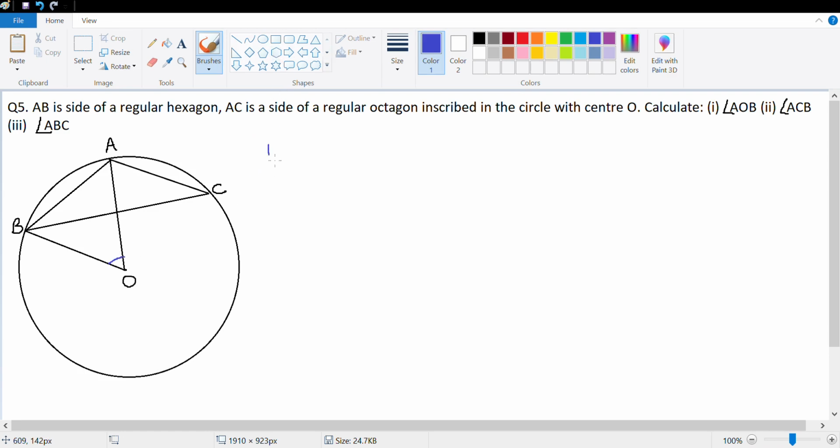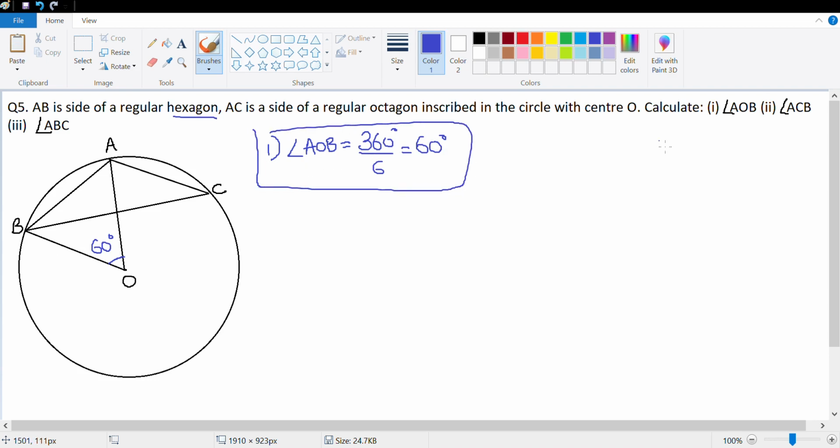We know that the angle subtended by a regular polygon is equal to 360 degree upon number of sides. So angle AOB would be equal to 360 degree upon 6 sides for a hexagon. So this is equal to 60 degree. So this angle is 60 degree. First part of the question done.